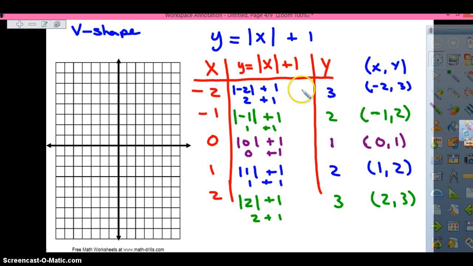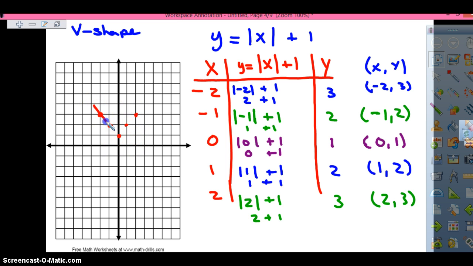We've got our table. We can model our function using the table, and now to model the function using a graph, we have to plot each of these points. So we're going to plot -2, 3. Now we're plotting -1, 2, 0 and 1, 1 and 2, and 2 and 3.